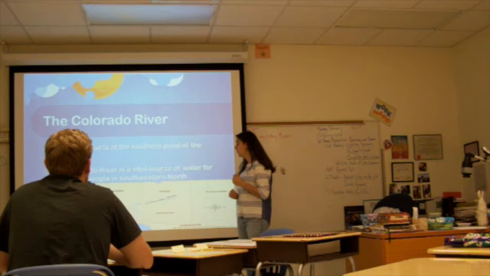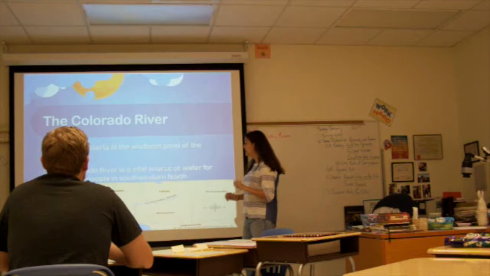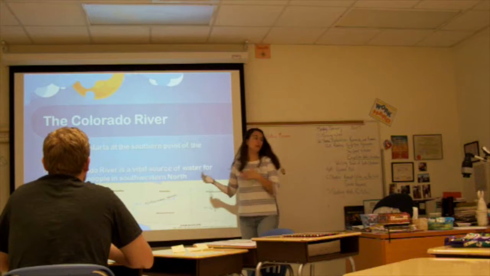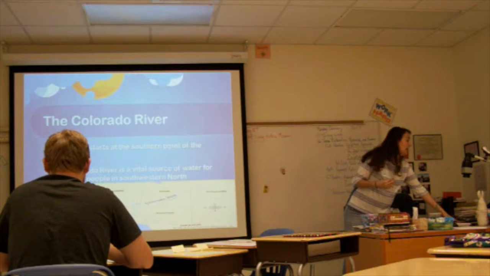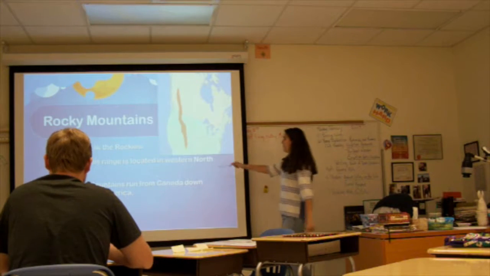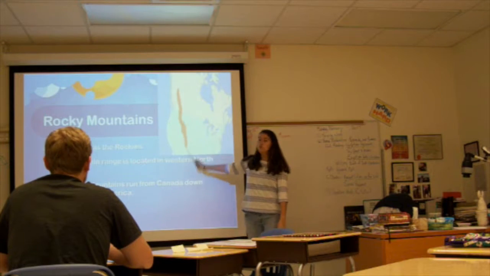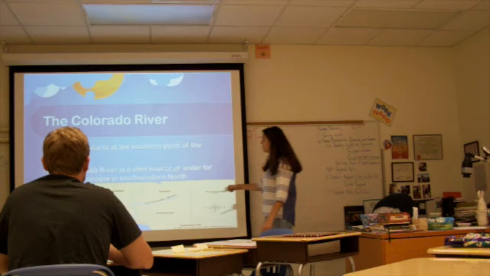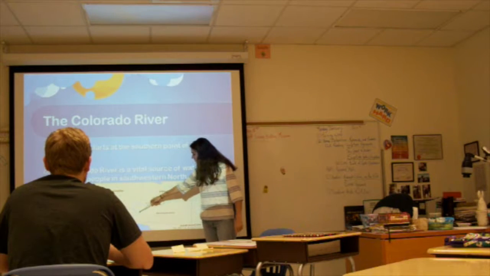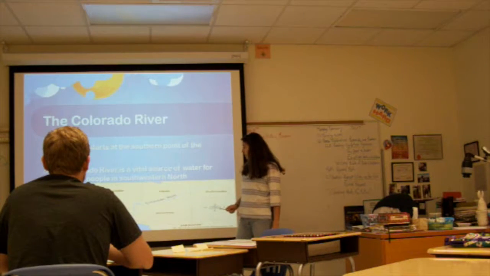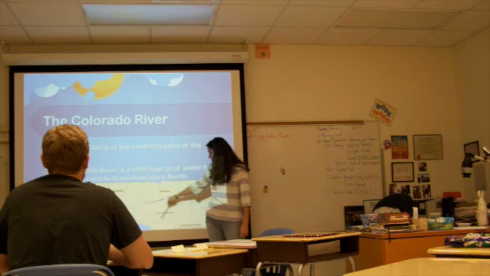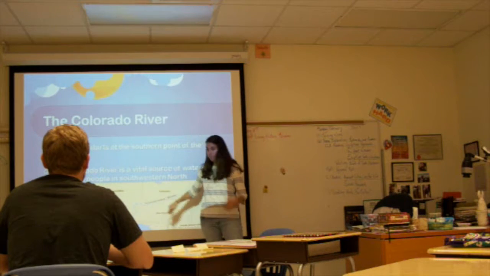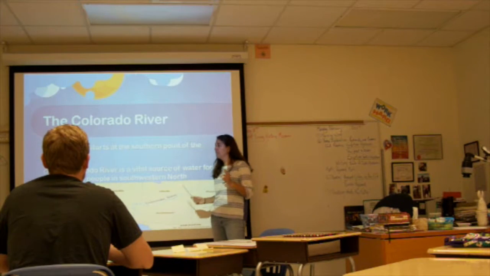That is correct. Now, if we look back at the slide, you see that it stops right about here, right? So let's look back at the Colorado River, and it starts pretty much the same, right? So where do you think it runs to? The bottom of California. Probably Arizona, California goes hand in hand, right?